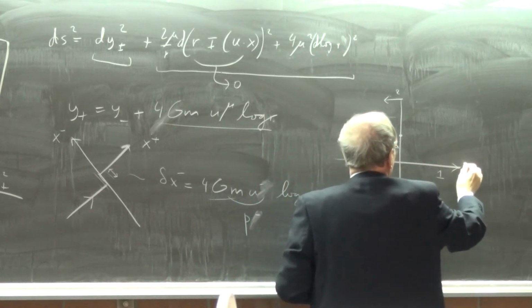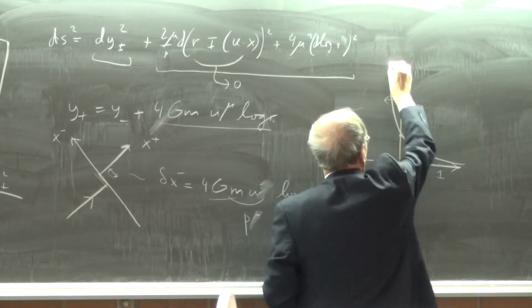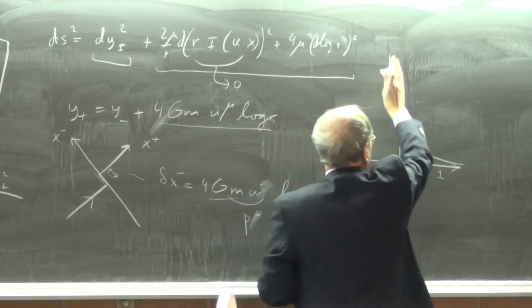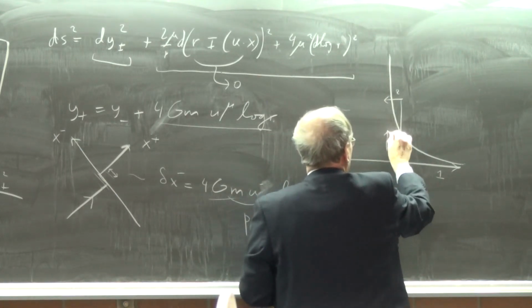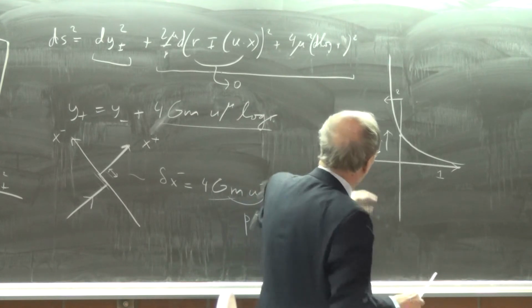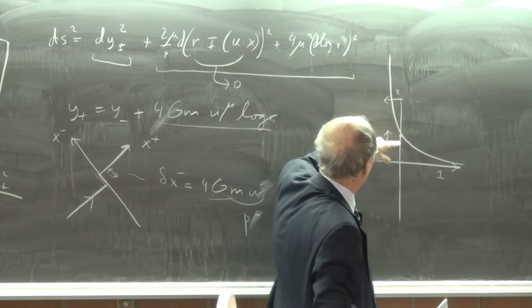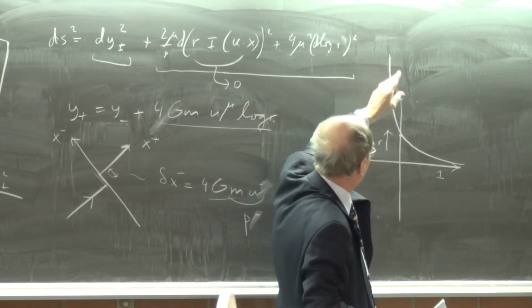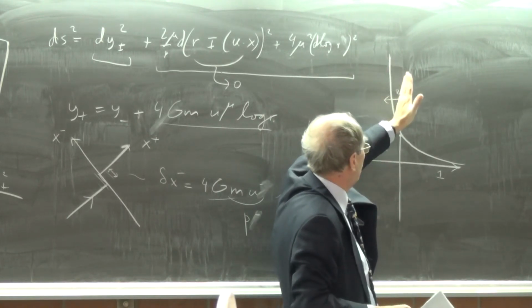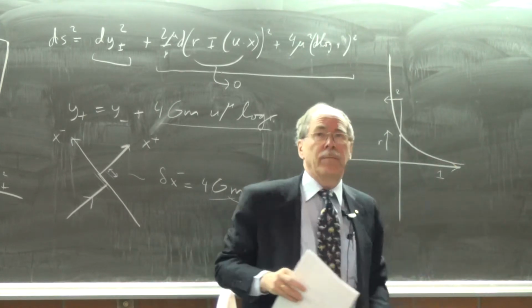So what happens is the logarithm goes like this, and it's log of I, this is the transverse direction. So the log of I diverges as I goes to 0, but then it flattens off quite rapidly here. So the two coordinates are being glued together.